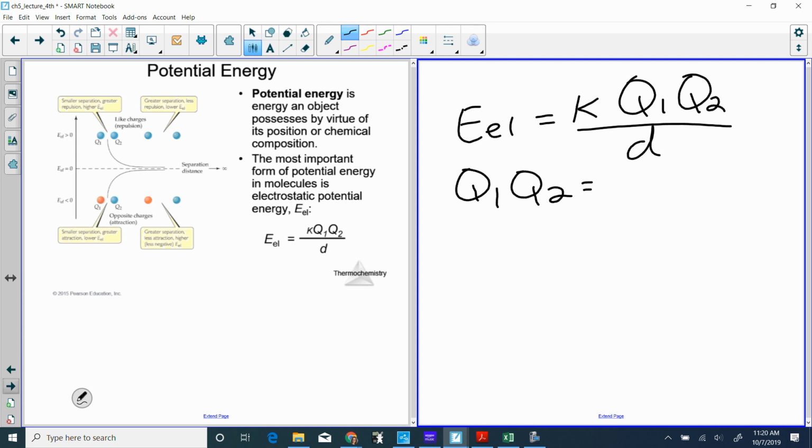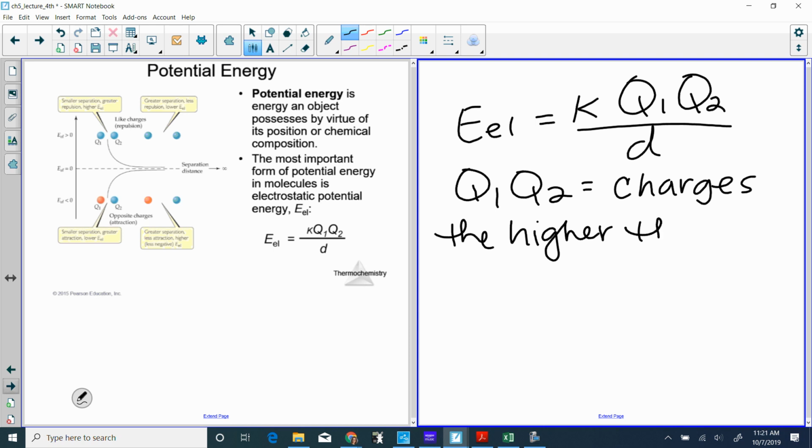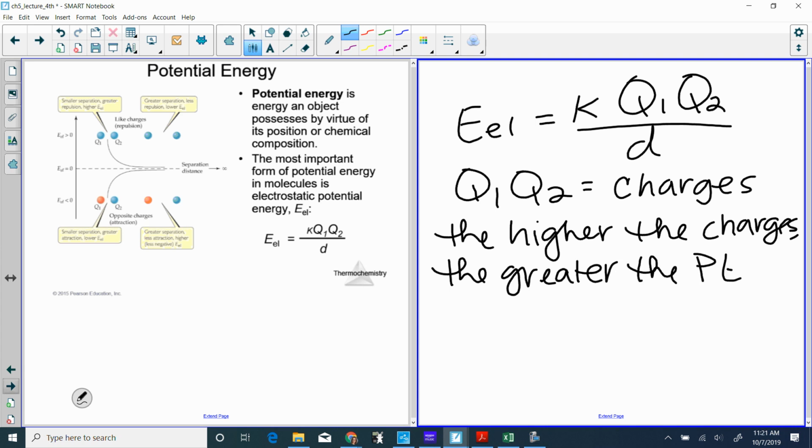Q1 times Q2 are the charges. So plus 1 minus 1, plus 2 minus 2, plus 3 minus 1. Okay? The higher the charges, the greater the potential energy.